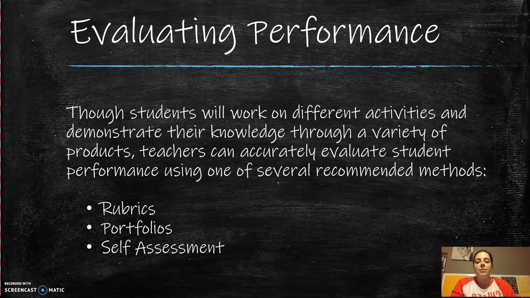So when you're evaluating performance, it's a little tricky because each student's going to be doing something different. But you can do things like rubrics, portfolios, or even self-assessments. So rubrics are going to give you the basics of what is required for the activity or the presentation or whatever it may be, and you get a certain score if you have all these things included in it.